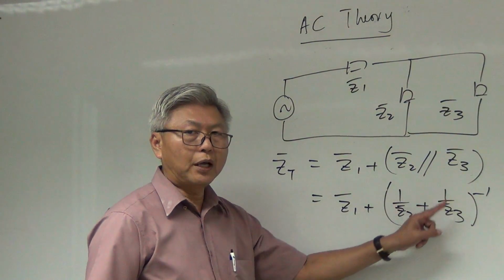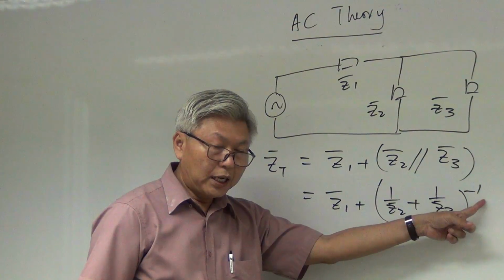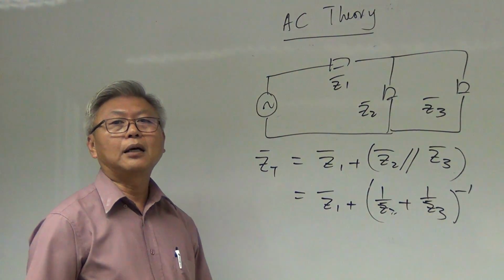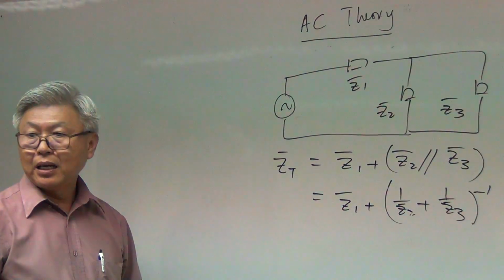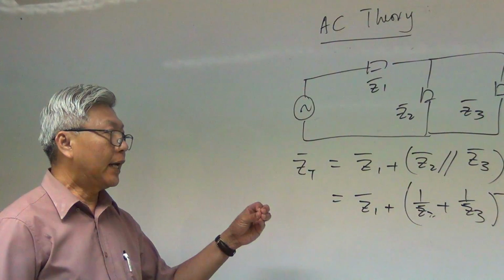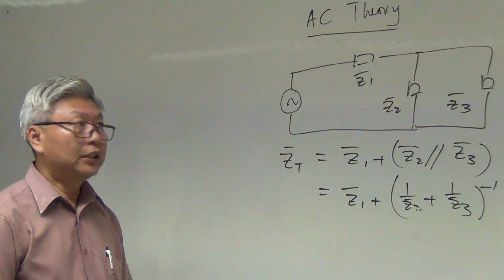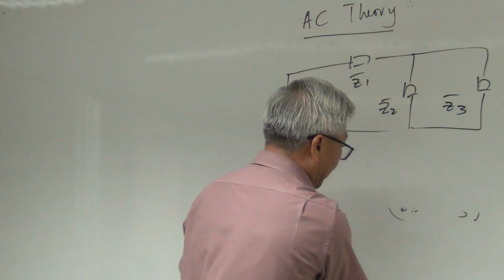Polar form, rectangular form, polar form again, and then rectangular form again to add with another rectangular form to get my final answer. Right? So if you do not know your complex number mathematics, then you cannot get the answer out in a very effective manner. Right? So that is the complex number.